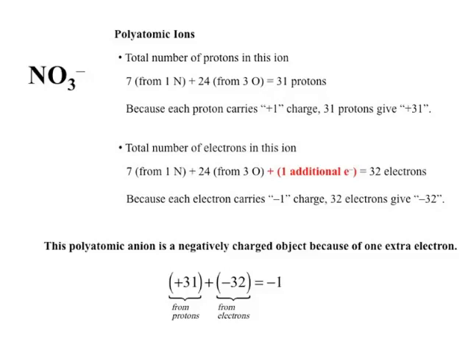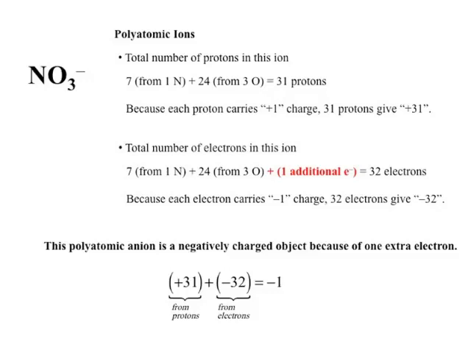7 from 1 nitrogen and 24 from 3 oxygens. And here is very important, you have 1 additional electron because the chemical symbol says it's negative. Negative means minus 1. That indicates you have 1 additional electron.